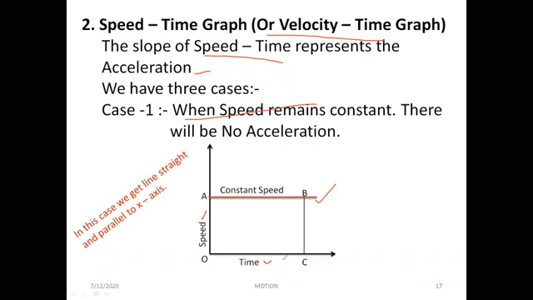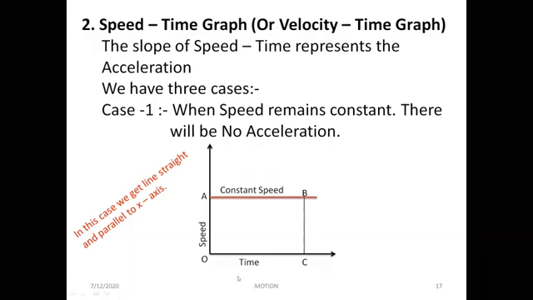In the case of constant speed, we will get a straight line which will be parallel to the x-axis.